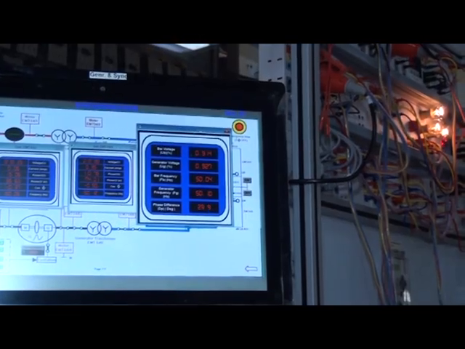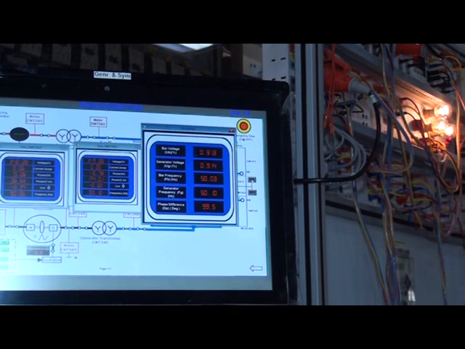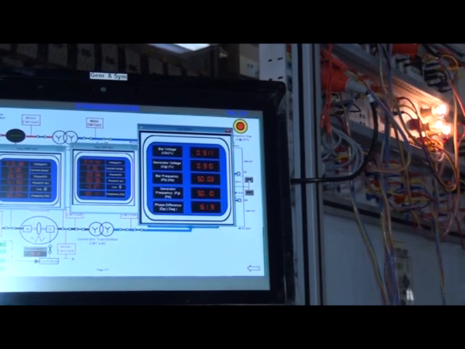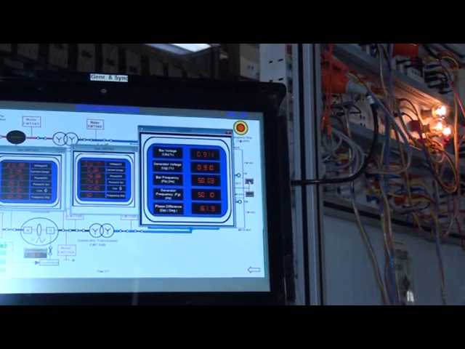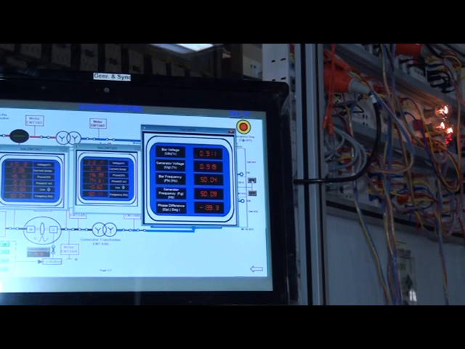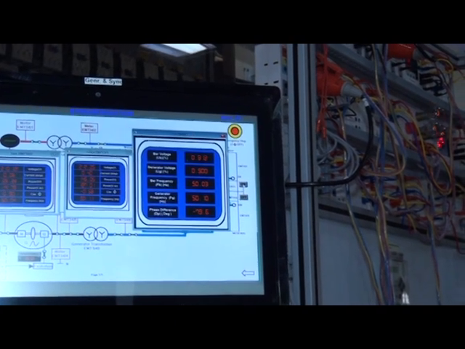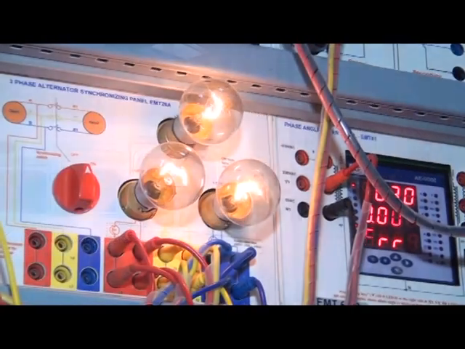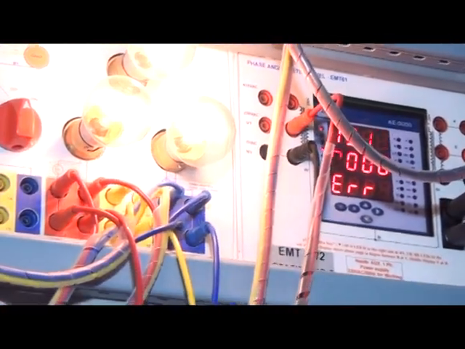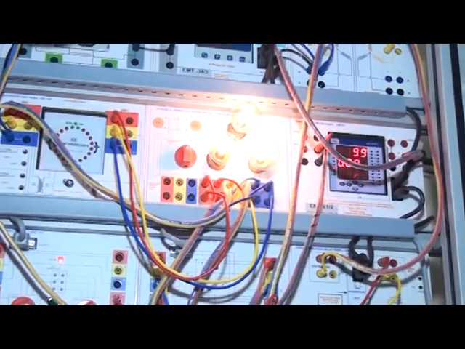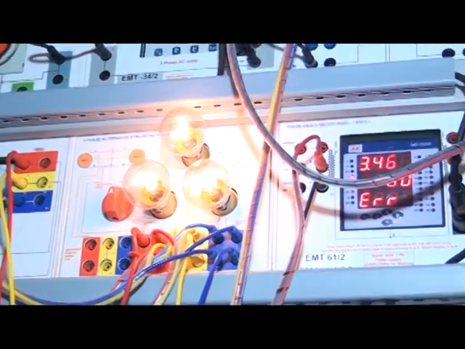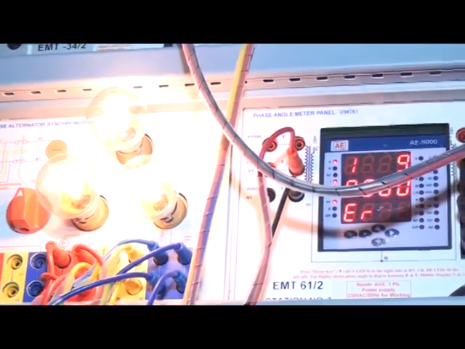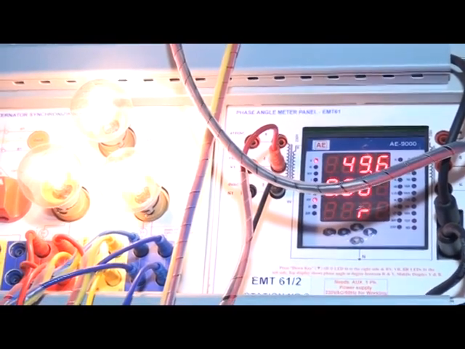This is the synchronization setup, which has an Alstom synchronization relay with manual mode and auto mode. Here both generator and grid power supplies are in the on position. In the synchroscope panel, 3 bulbs are indicating synchronization by the dark lamp method. Now we are adjusting generator voltages and frequency equal to the grid frequency and voltages.